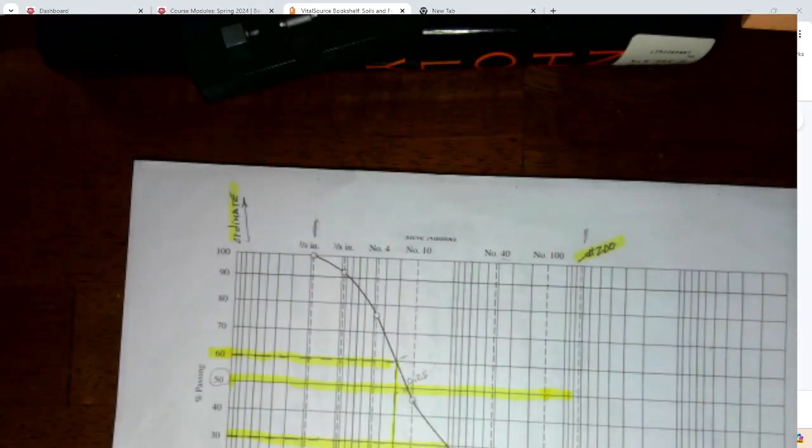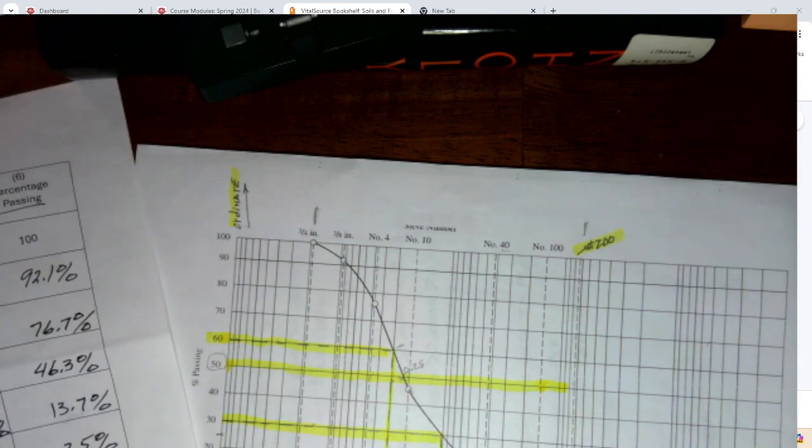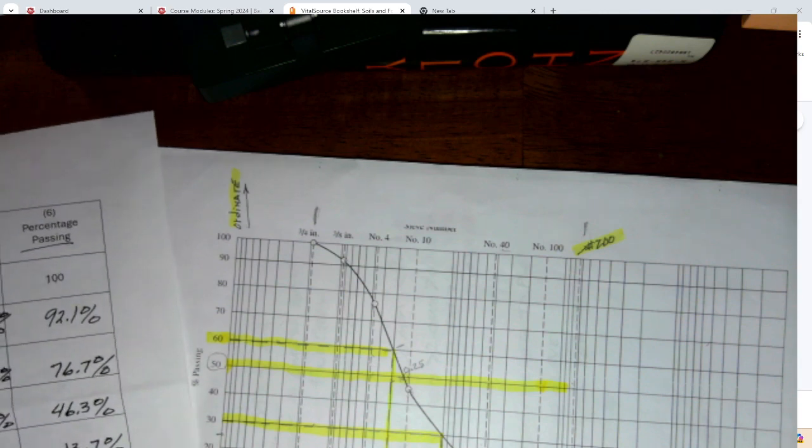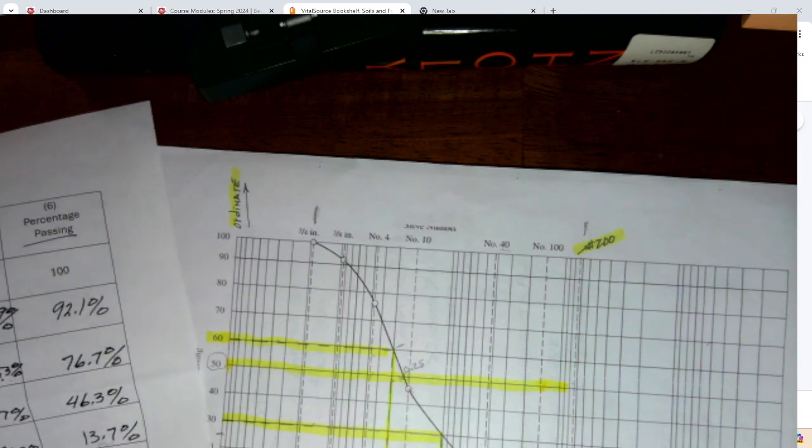The number 100 is 11.2. No, wait. It's 0.15% passing, and that makes it, what have I got down there? That's a 2. That's really been corrected. This is 2.5.